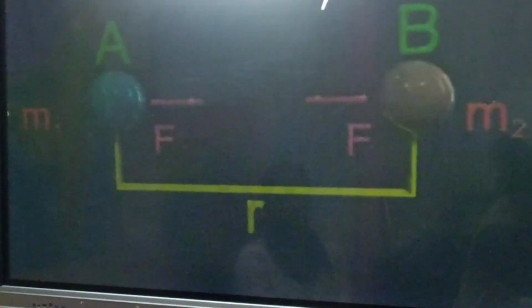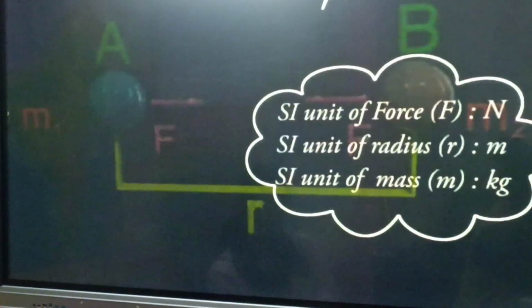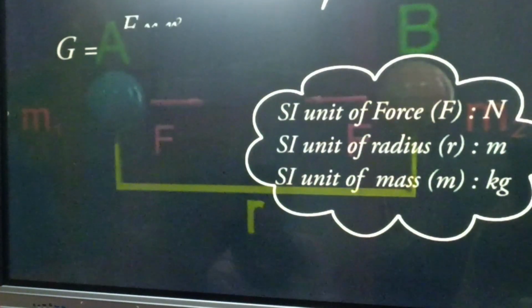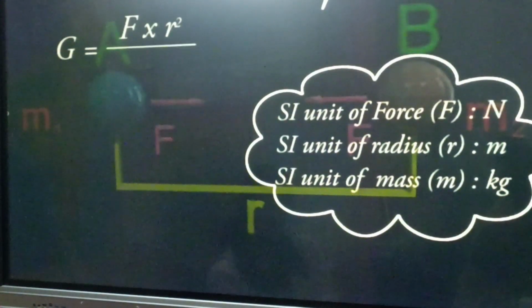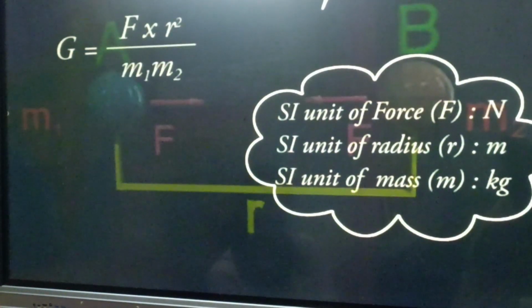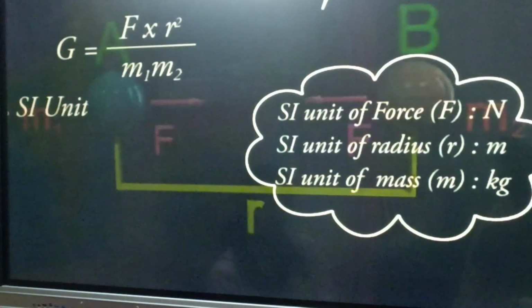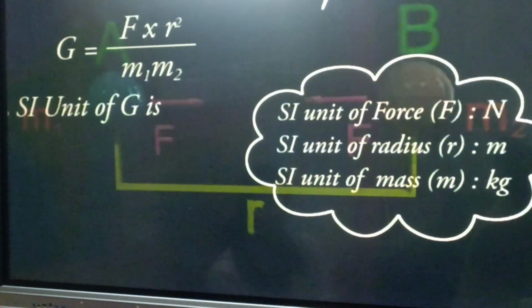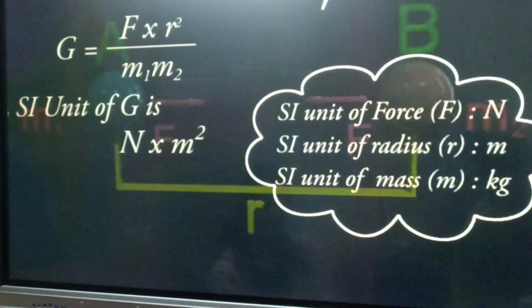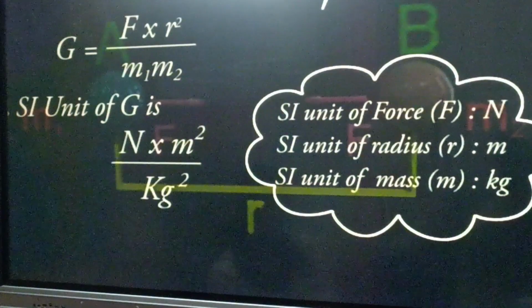From the above, we have G is equal to F into r square divided by m1 into m2. So, the SI unit of G is capital N into small m square divided by kg square.